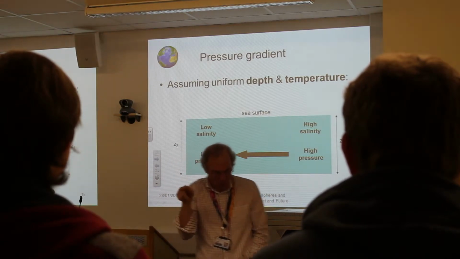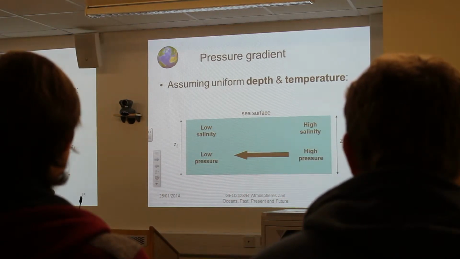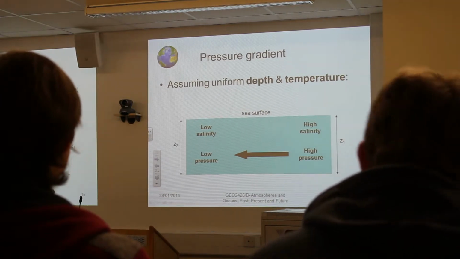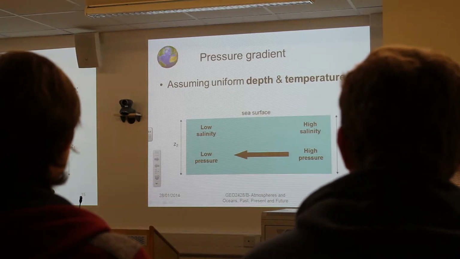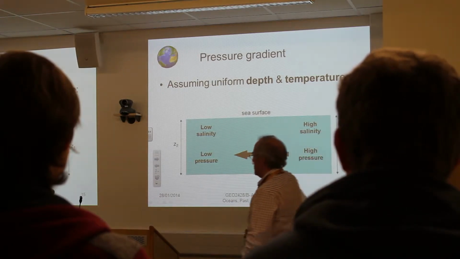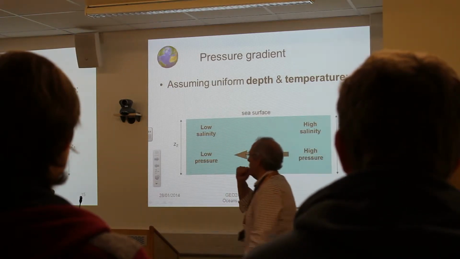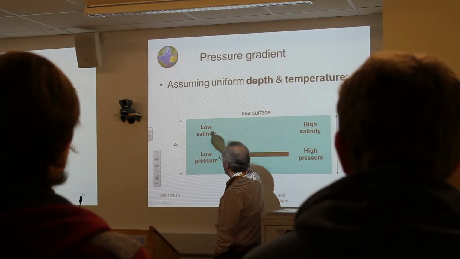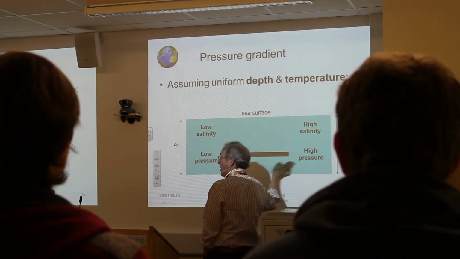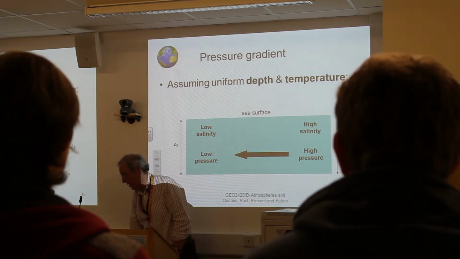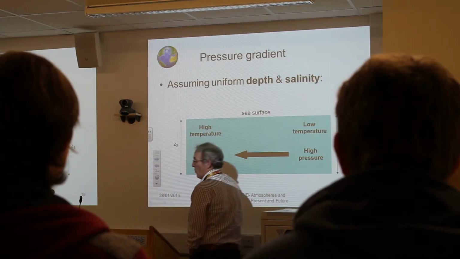We can also do the same as we've done with air masses when it comes to looking at other characteristics. We talked about pressure and temperature, but if you assume uniform depth and temperature and you look at salinity effects, high pressure, low pressure, movement will be from high to low, and the same will be true.